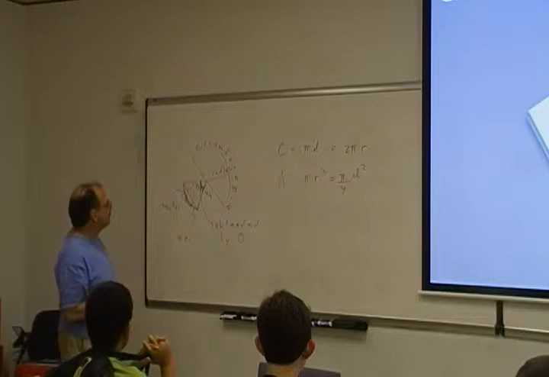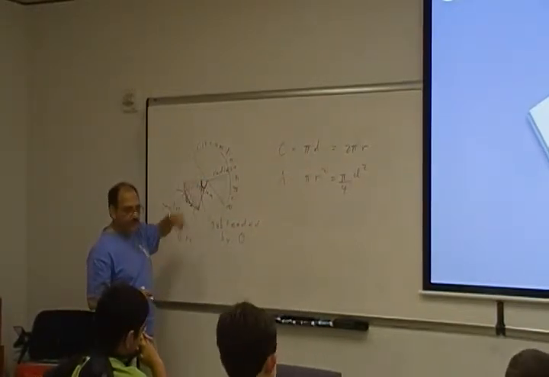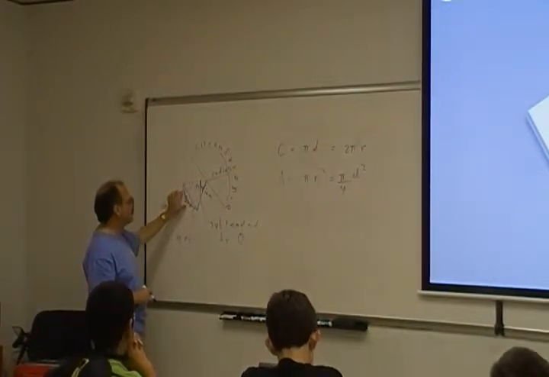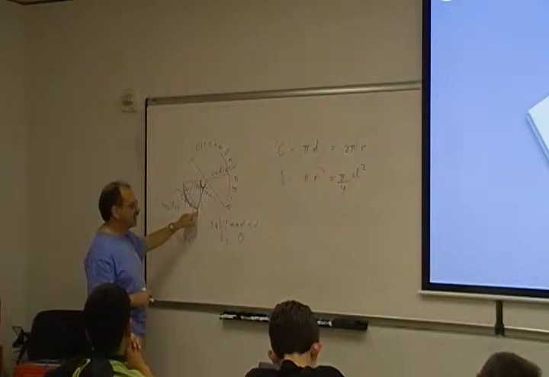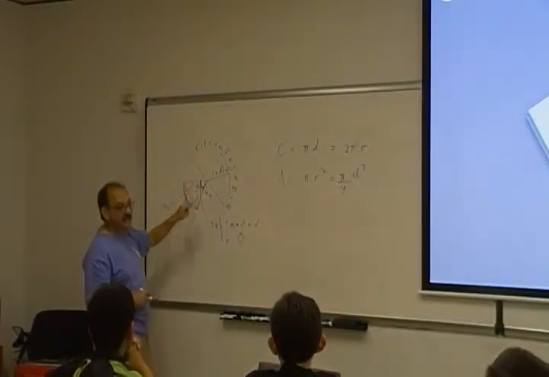And now, suppose, what is the angle all the way around? 360. And so here we have a sector of the circle subtending an arc. How long is the arc if the angle is theta degrees?